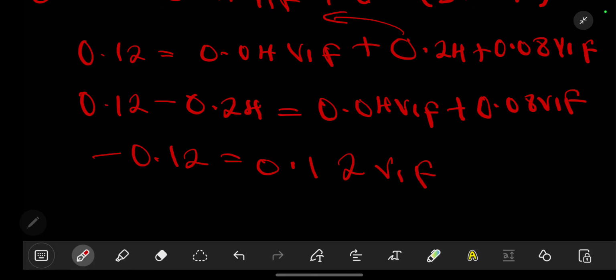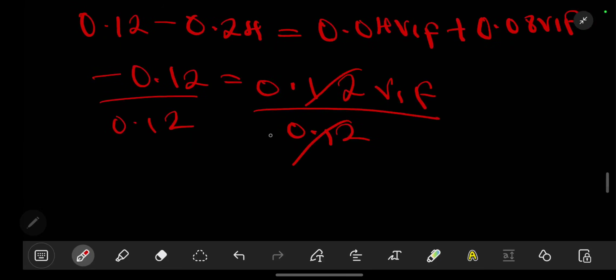V1 final. With this value, we are now going to divide 0.12 by 0.12. This is going to give us V1 final should be equal to negative 1, since this is negative.